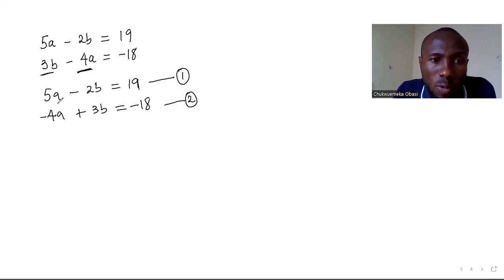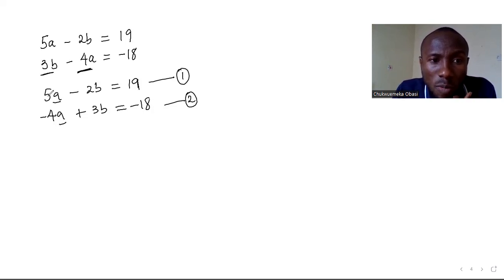Now, if you look at the quantities of A and the quantities of B, they are really different, right? So to eliminate any of these quantities, you must make sure they are the same. To eliminate any of these variables, you must make sure their coefficients are the same. Now, let me eliminate A. Here I've got A to be 5, here I've got A to be minus 4.